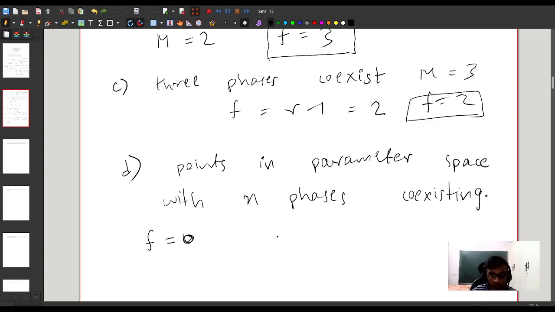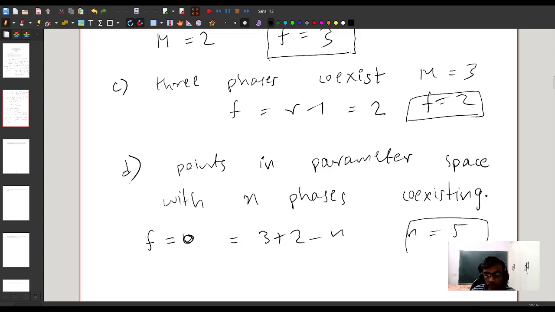To find n where such a thing can happen, we can simply set this to 0. So r here is 3 components, so 3 plus 2 minus n. So we can have 5 phases coexisting in this system at a single point.